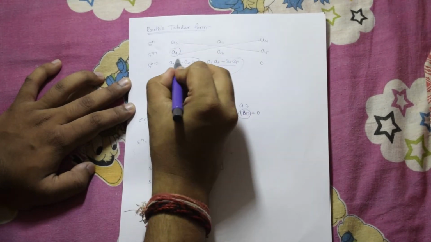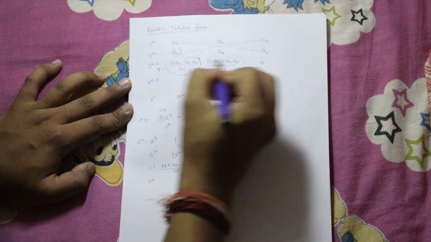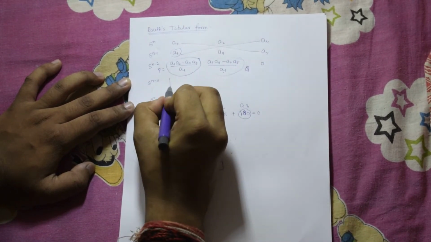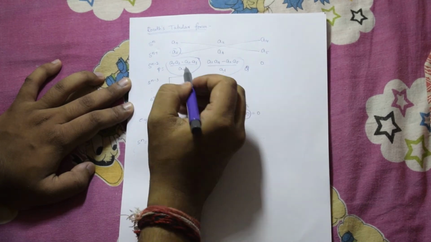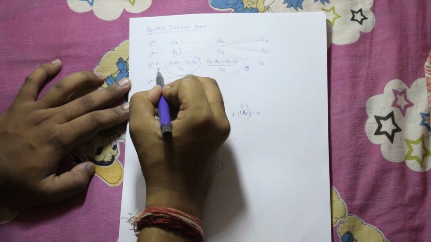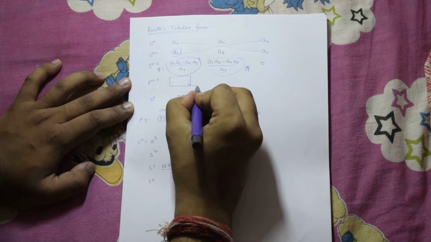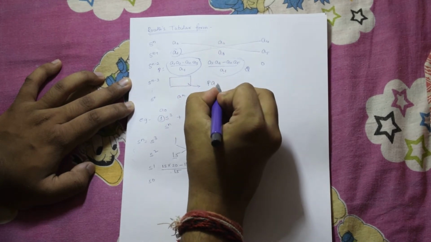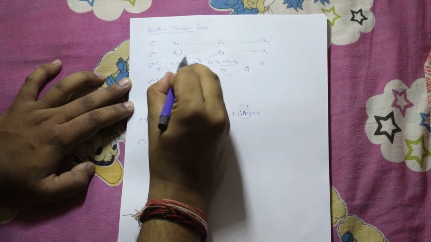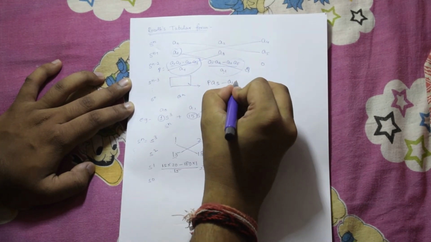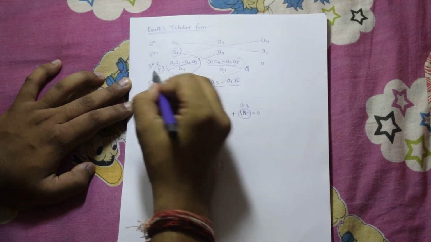Now if we assign this as p and this one as q, what will be the coefficient here? p into a3 minus a1 into q, by p.